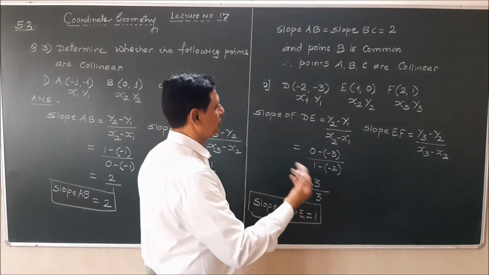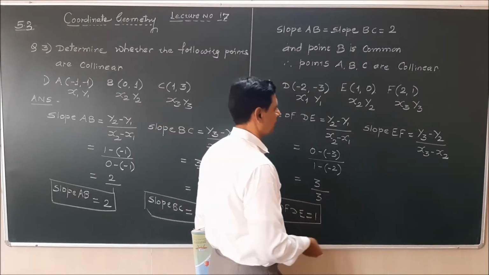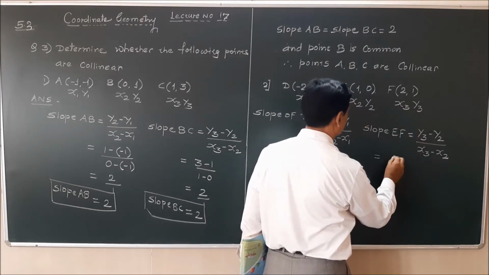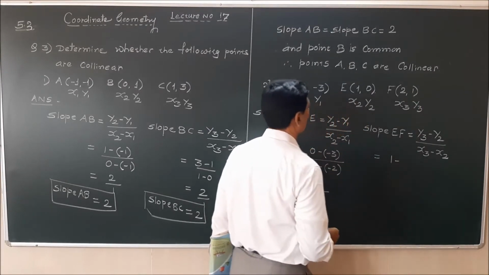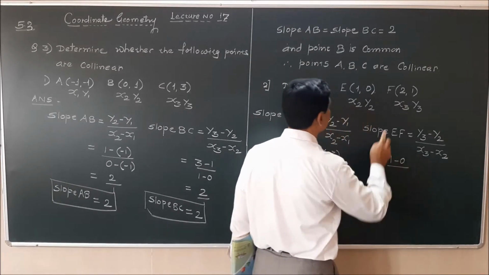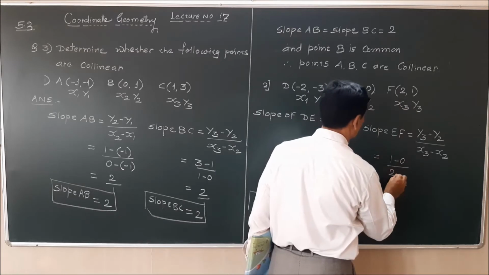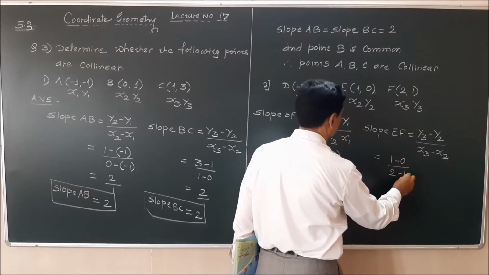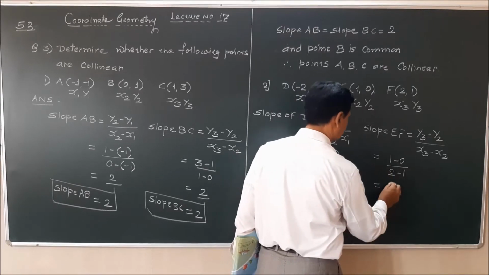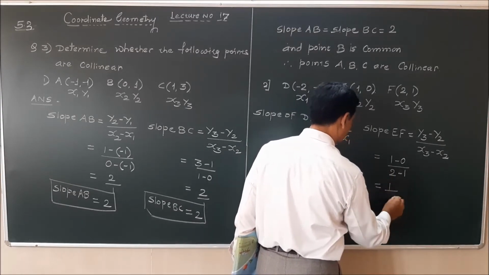So the value of y3 is 1, minus y2 which is 0, upon x3, which is 2, minus x2 which is 1. So that is equal to 1 minus 0 is 1, and 2 minus 1 is 1.